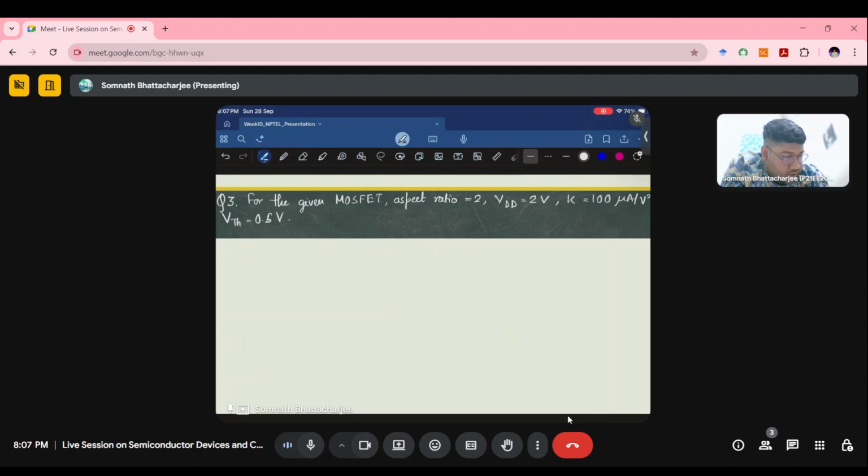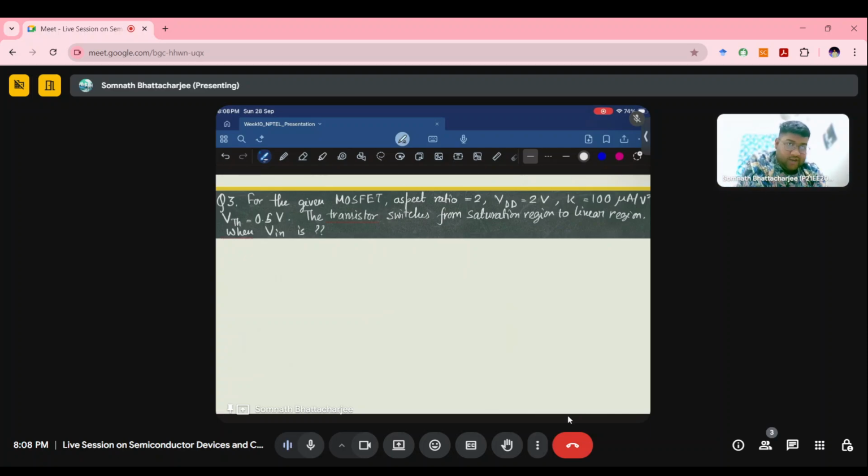For this transistor, the transistor switches from saturation region to linear region when the Vin is what?